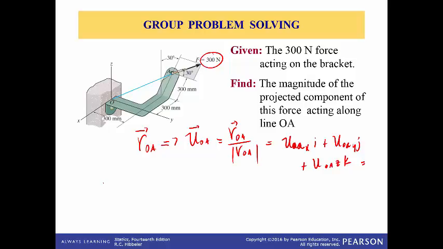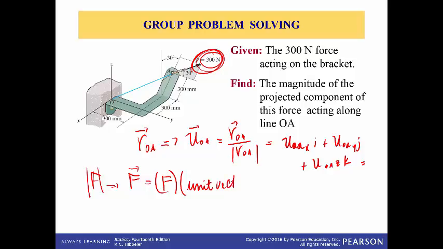Then for the projection of the force, in this specific case you also need to find the vector for the force, because this is the magnitude of the force, but you need the force vector, and for that you use multiplication. You take the magnitude of the force multiplied by a unit vector in the direction of the force.